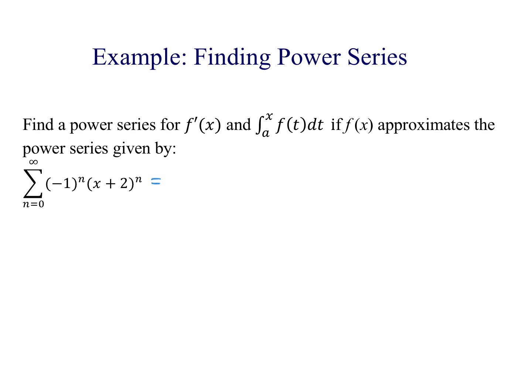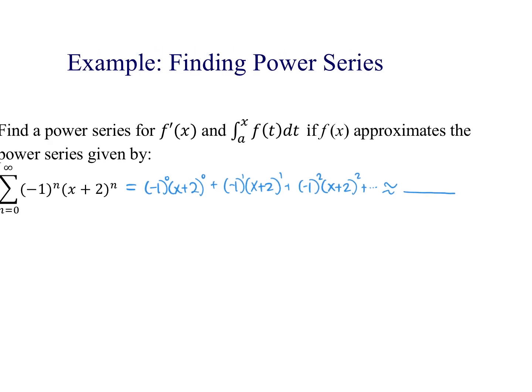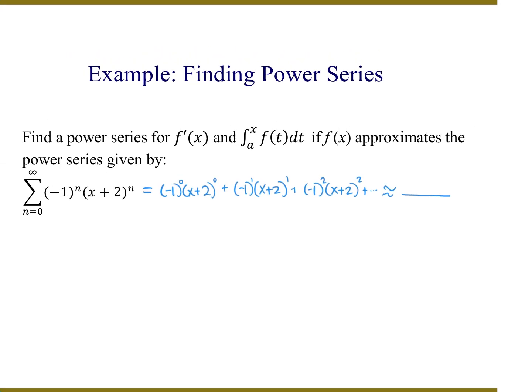So if I start with 0, I get negative 1 to the 0 times x plus 2 to the 0, and then negative 1 to the first times x plus 2 to the first, and then negative 1 to the second times x plus 2 to the second, etc., etc., etc., which will leave me with approximately what overall expression?